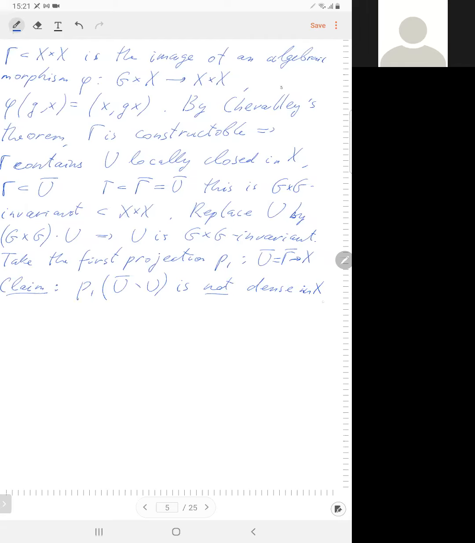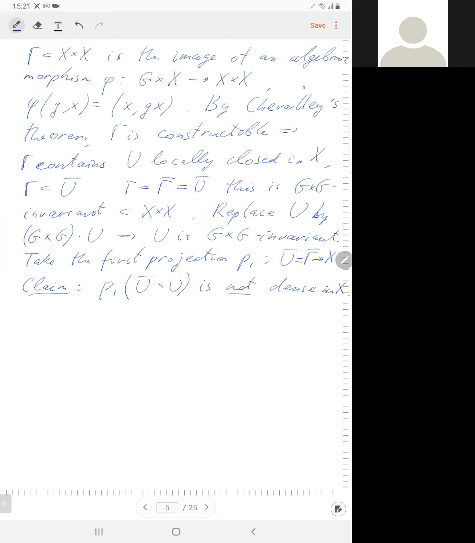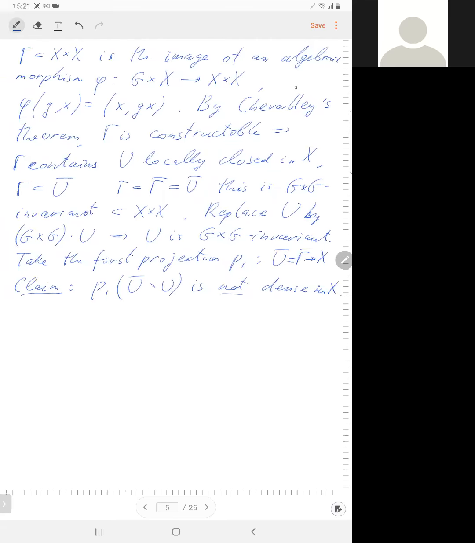So I will prove this claim momentarily, but assuming this claim, we can replace X by X naught, that is the complement to the closure of this projection.